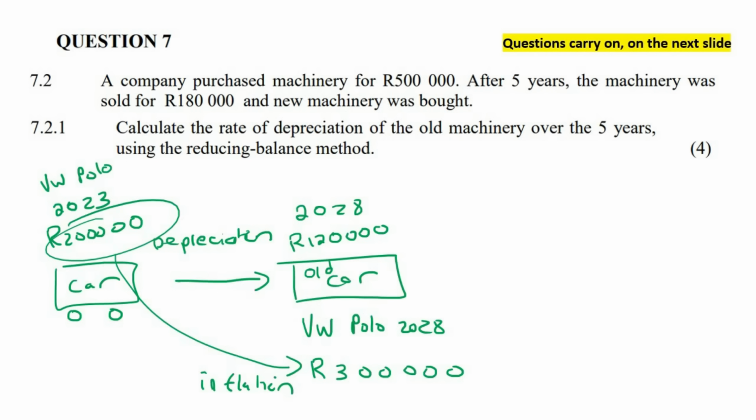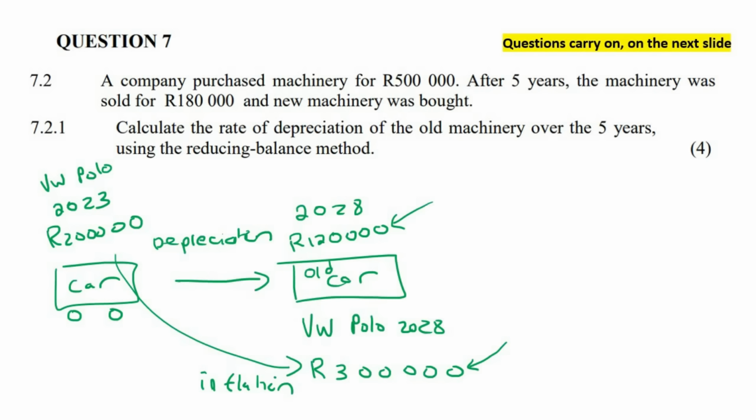So now think about this. What if this guy in 2023 was intelligent about how he invests his money? What if he realizes that they're going to sell their old car for 120,000 Rand and then buy their new car for 300,000 Rand? How much money will they actually need out of their own pocket?